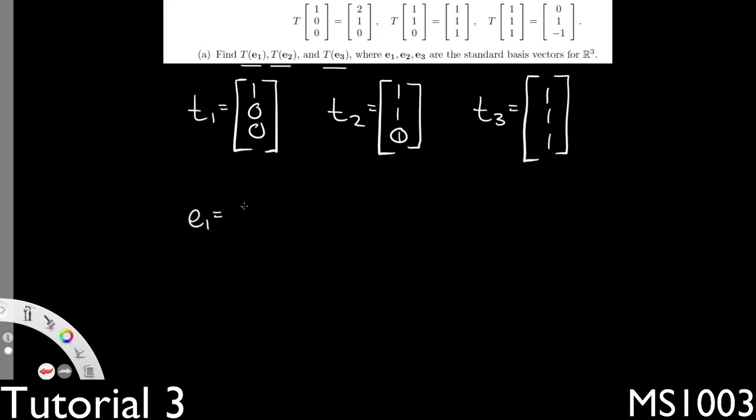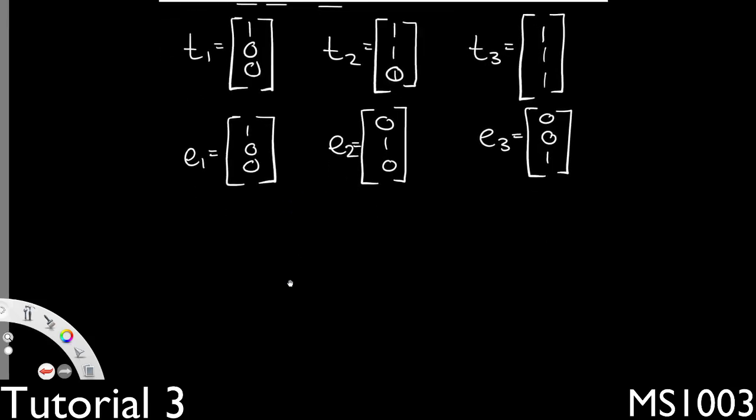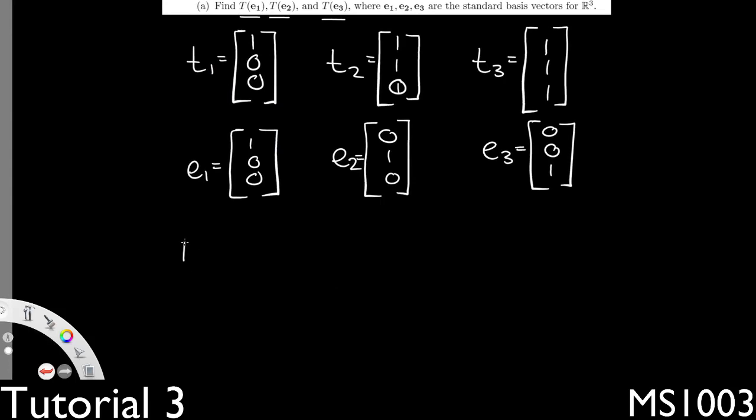So we know that E1 is the standard basis vector in the x1 direction, E2 is in the x2 direction, and E3 is in the x3 direction, like this. So you can see already we've got some interesting connections.